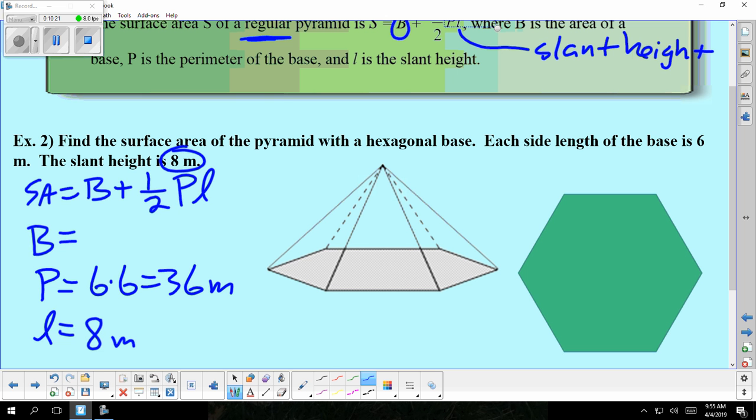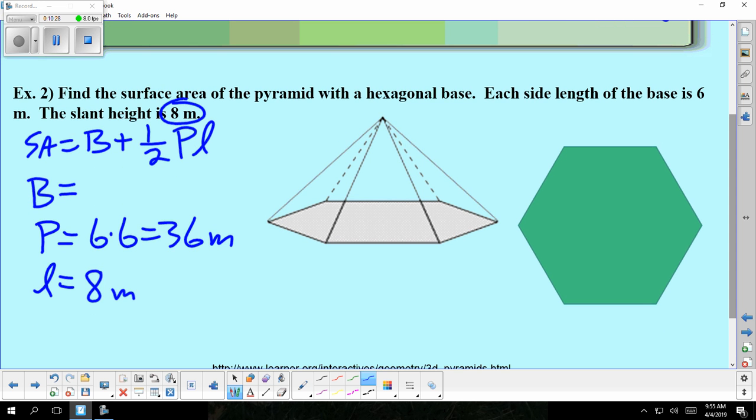Now the area of the base. I can use 1/2 of pi times perimeter if I want. Or our knowledge that our regular hexagon consists of 6 equilateral triangles. So I can use the formula for one equilateral triangle to calculate the area of this whole thing.